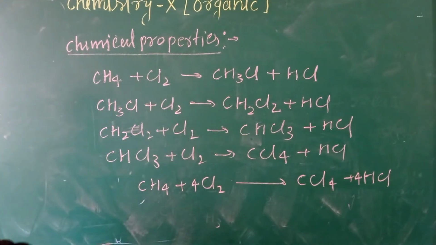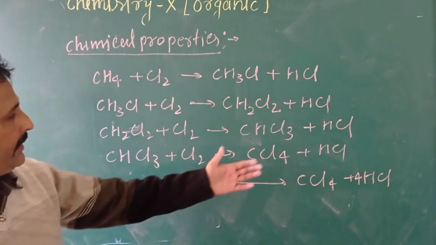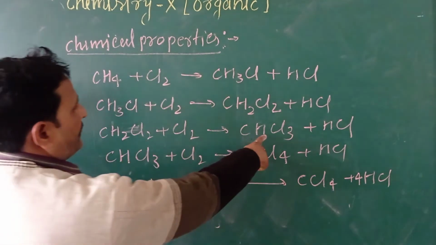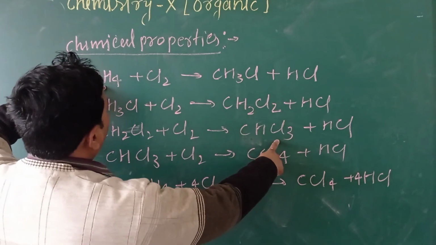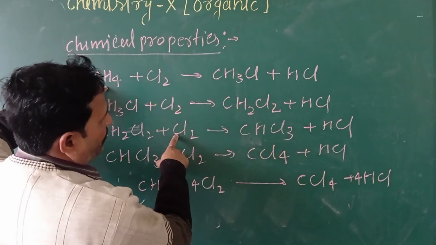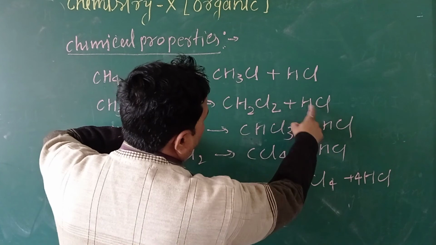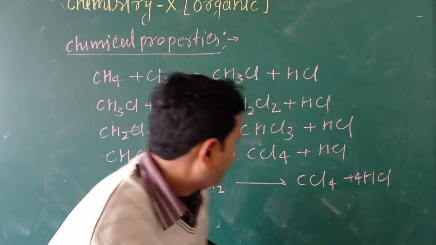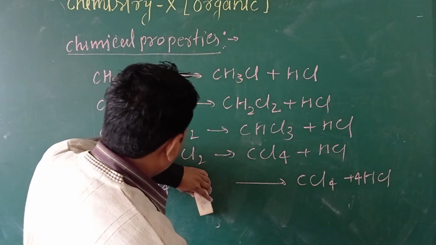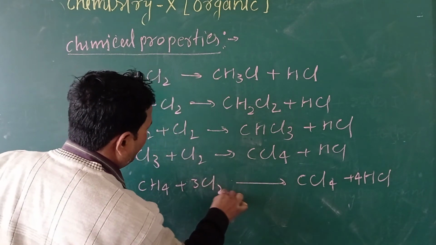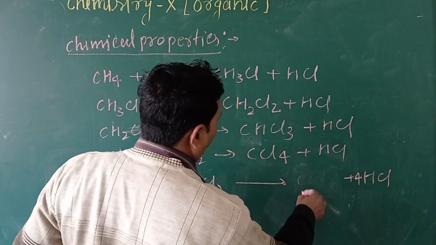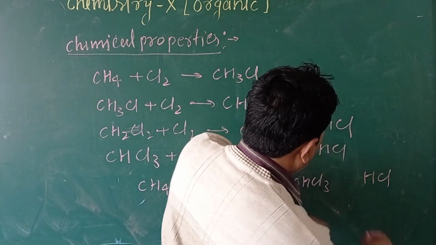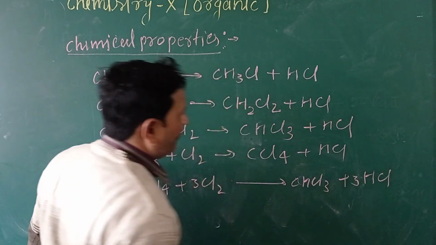Hydrogen is already balanced, chlorine is already balanced, so you can write the reaction in a single step. For methane to chloroform, methane plus 3Cl2 forms CHCl3 and 3HCl.